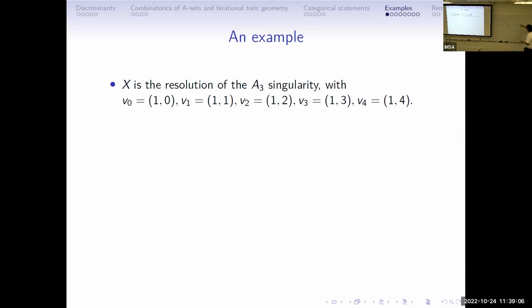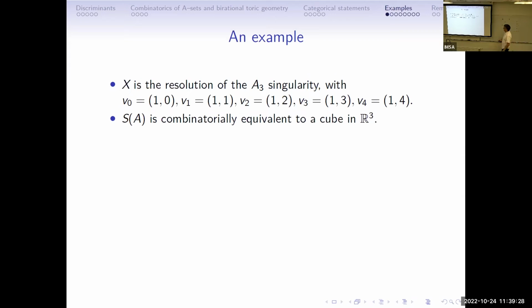If you write down the Laurent polynomials associated with this picture, such that this is the Newton polytope, or the cone, you're really going to get exactly the polynomial of degree 4 that was discussed in the beginning.